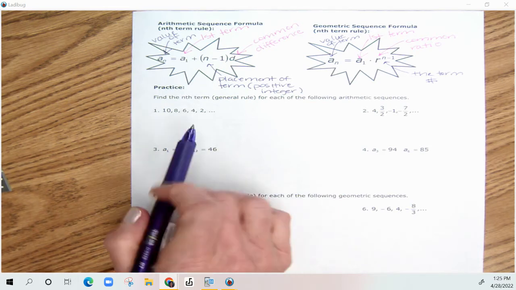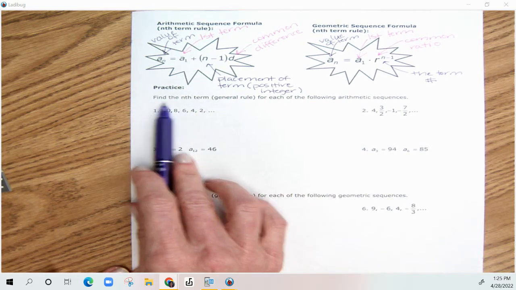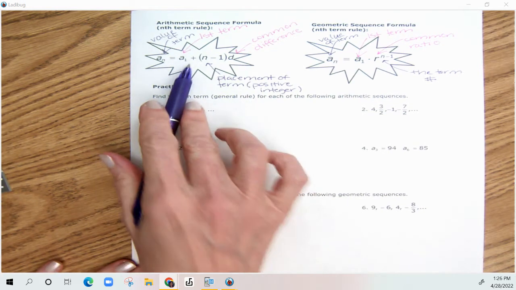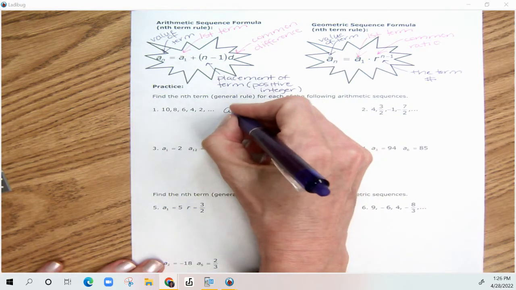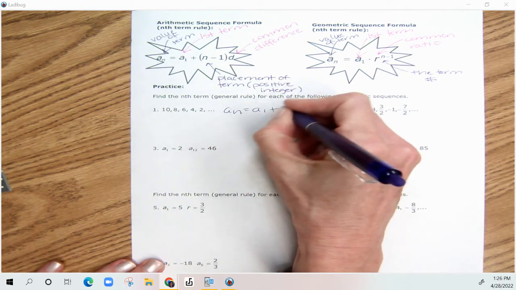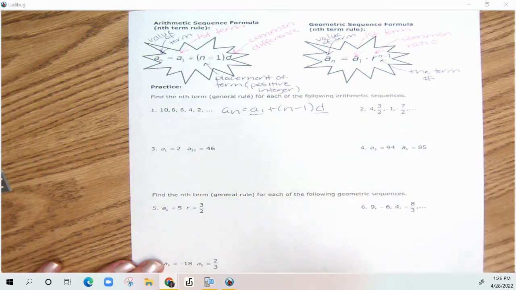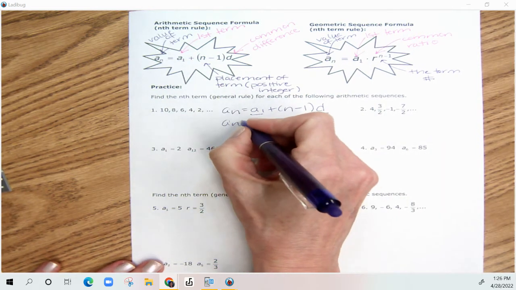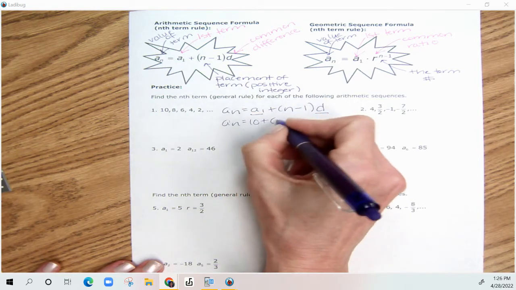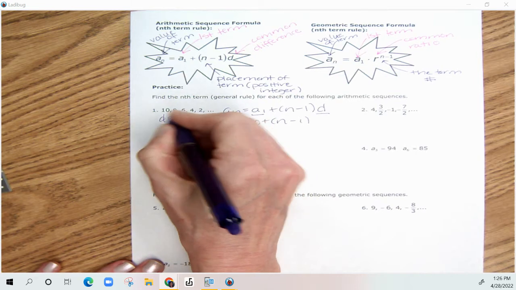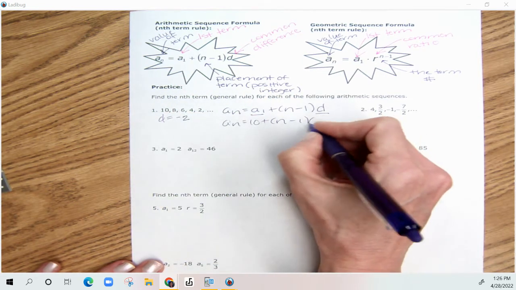All right, so for this section, we're finding the nth term or the general rule. Basically what you want to do is take your sequence formula and substitute in for a sub 1 and d, leaving the a sub n and the n. In this pattern, the first term is 10, and we can see that the common difference is negative 2 because we're subtracting 2 each time.